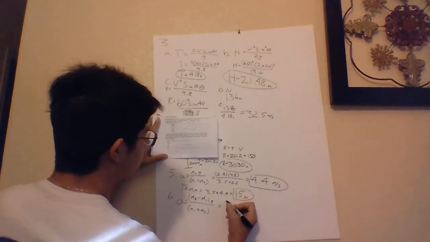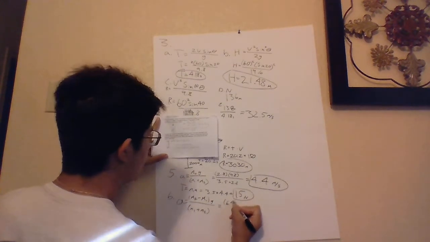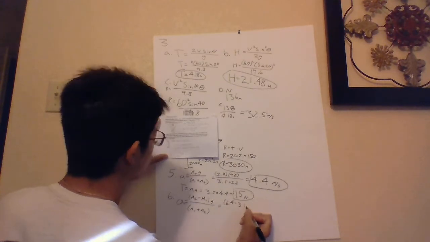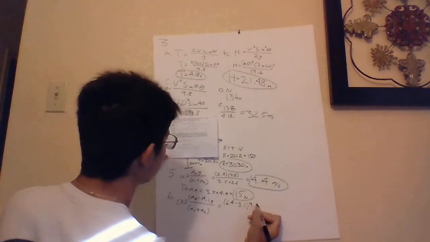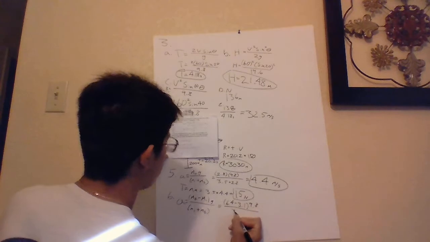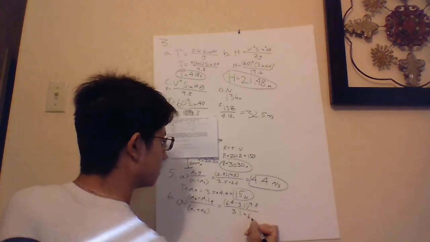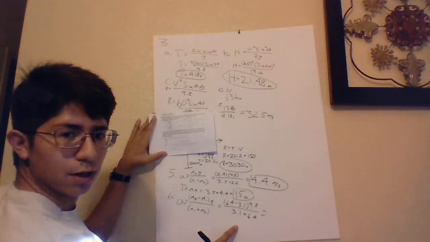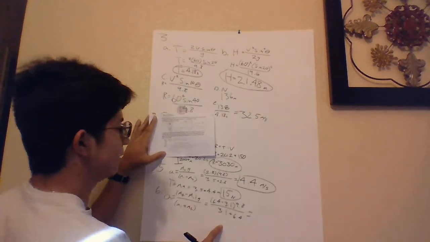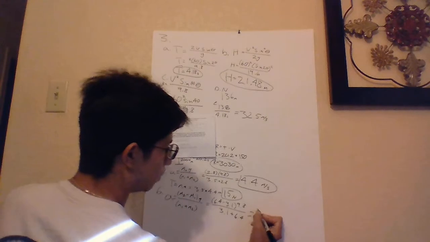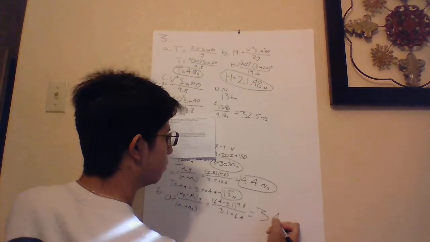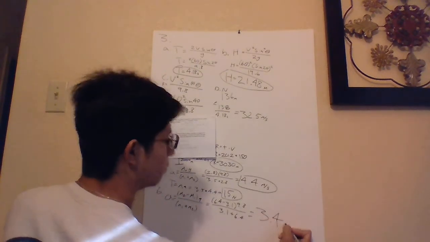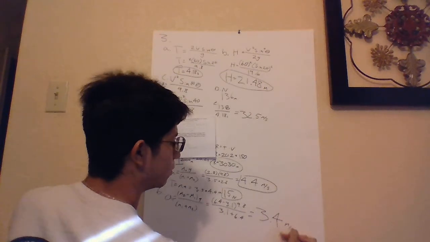We fill those in. Plug that into the calculator, and it gives us 3.4 meters per second.